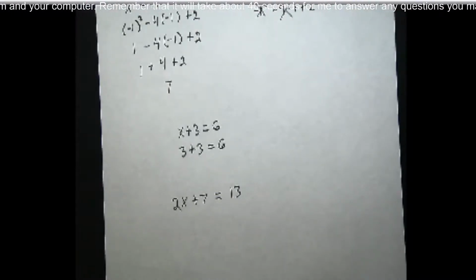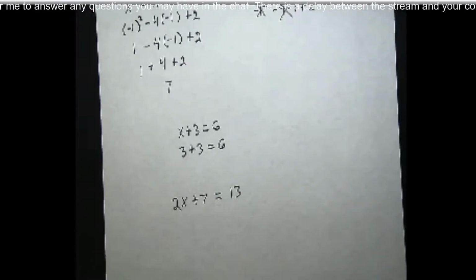So if you're mildly astute, you might be able to say, okay, well, x has to be something. You might know what x has to be. But this one is a little bit harder to just look at and say, I know what that is. You might start to say, oh, well, x is multiplied by 2, so it has to be something even there, and then plus 7, so 13 minus 7, and then already you're starting to solve this equation.